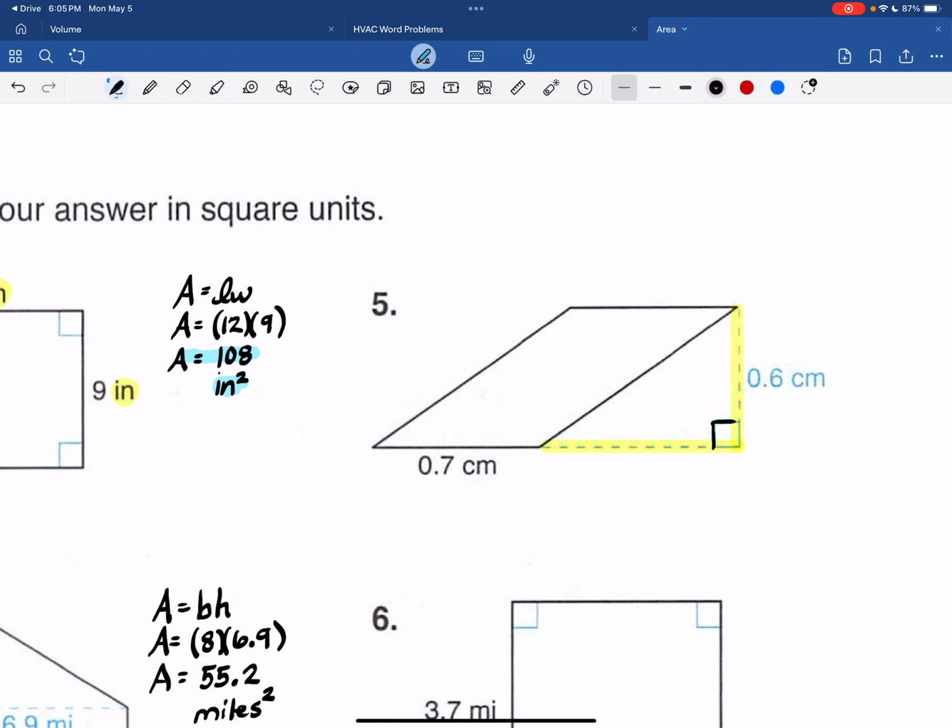But this is going to be the height of this parallelogram. So the area is base times height. And the base is 0.7. The height is 0.6. And so when you multiply those two together, you will get 0.42 square centimeters.